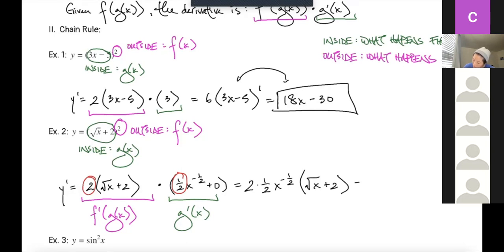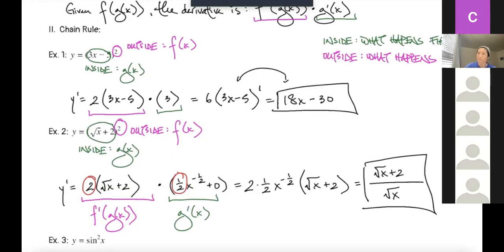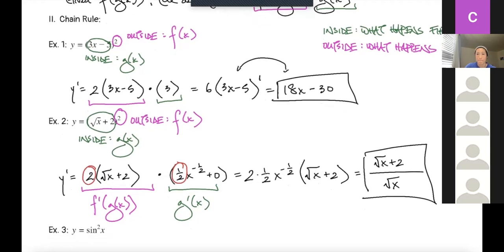And if we clean that up a little bit more, we get square root of x plus 2 over square root of x. Okay. So a little bit of algebra and some reducing and rewriting of things. That's what we get.